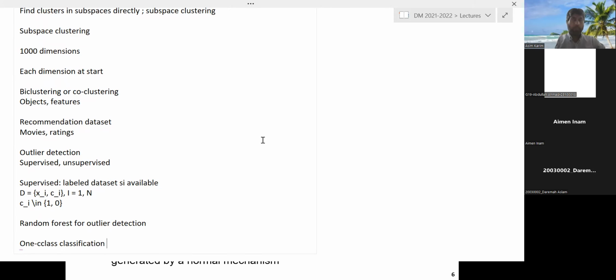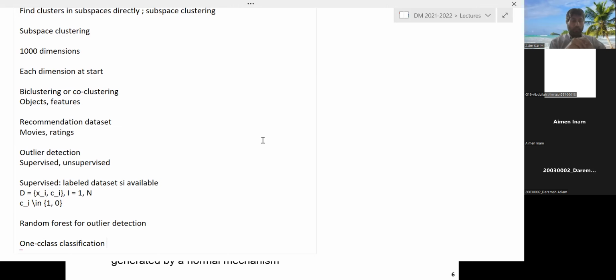So remember, classification is always classification between two classes or more classes. But in one class classification, it's also multiple class, two class classification, but we are tailoring it to one dominant class, and that dominant class is a normal behavior.